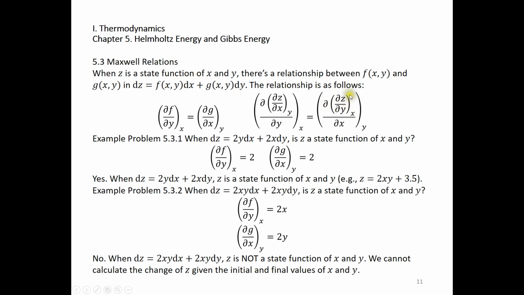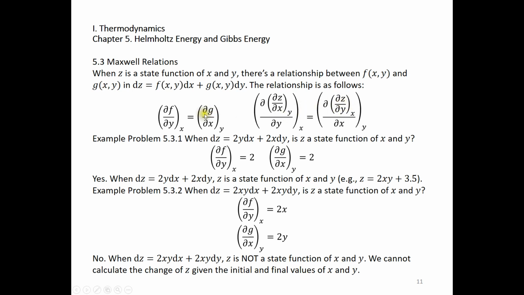So this is g, this is f. And because delta f over delta y is delta g over delta x, we have this relationship. Again, this is just f. F is how z depends on x when y is constant. And this part is g. G is how z depends on y when x is constant.